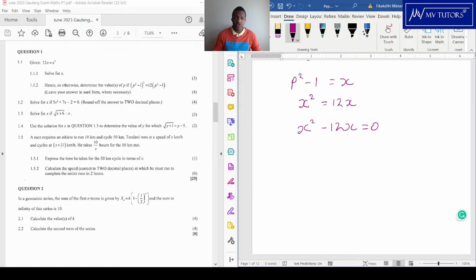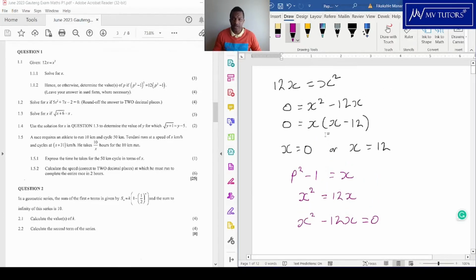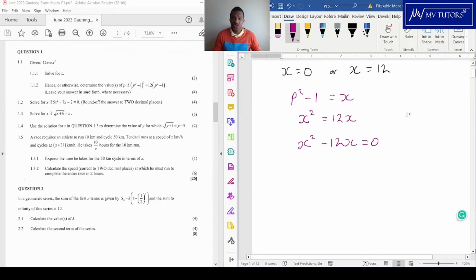Now it looks exactly like the top one. See what we did here? x squared minus 12x, which means we can just go to the conclusion there, because we already know that x is equals to 0 or x is equals to 12.